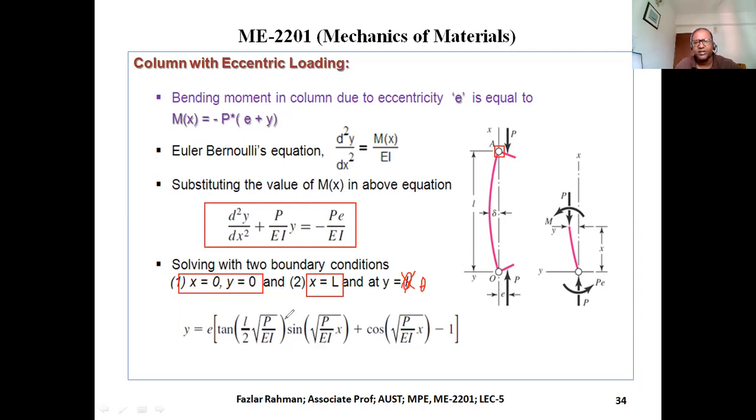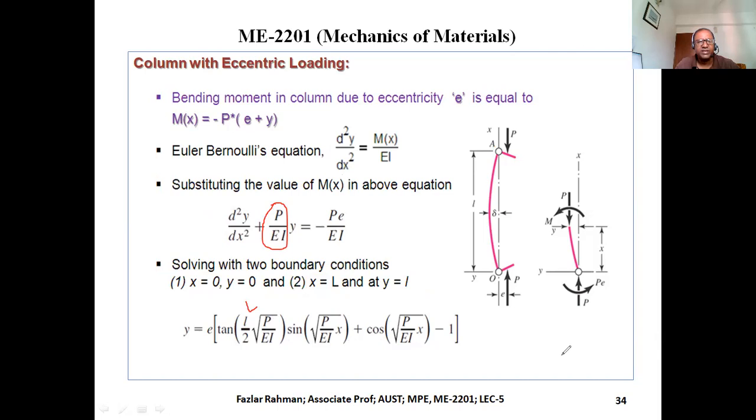We are not showing how we solve it. Right over here, you get L by 2. This is actually L. Showing it in small letter, it seems like 1, but this is actually L. And P by EI is coming from this constant, and this one minus 1. So this is the value of y, that means deflection.